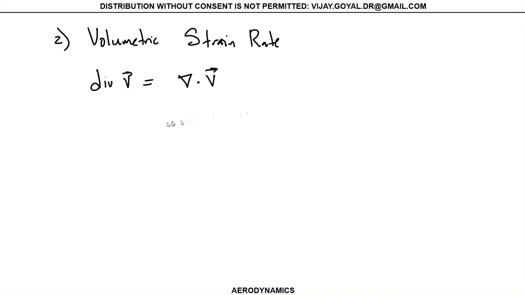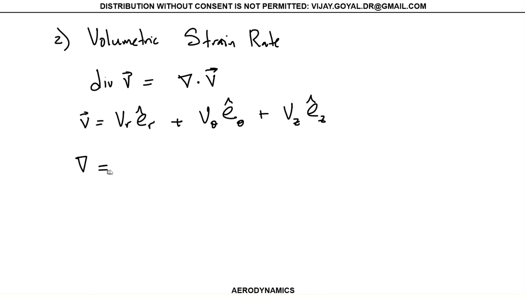We know that in a cylindrical coordinate system, this is the only non-zero term that we have in this problem. But let's do this for the general case as a good review. Your gradient is equal to ER partial with respect to R, plus E theta divided by R, partial with respect to theta.